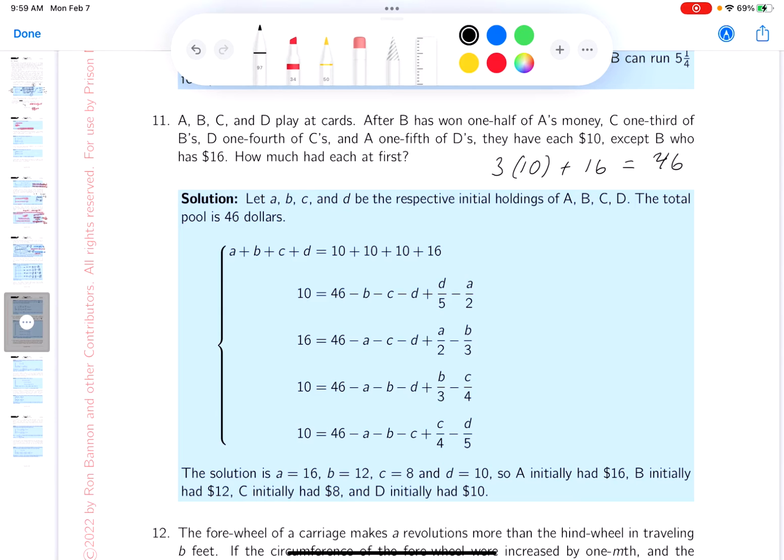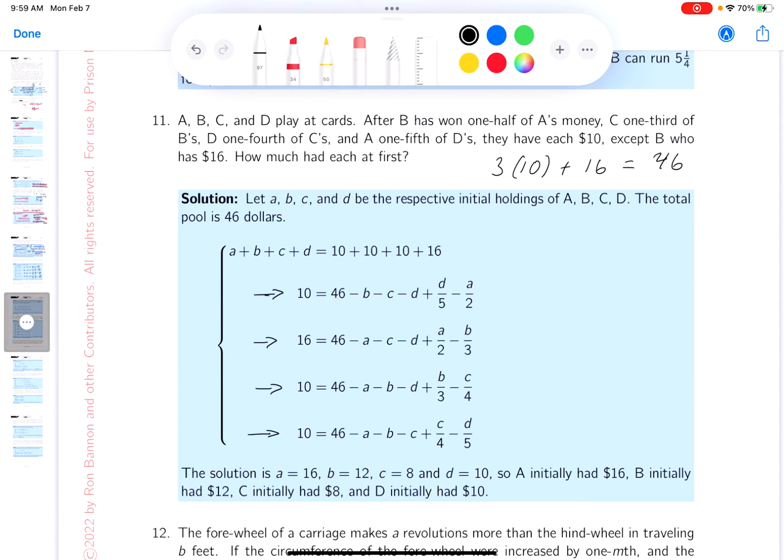All right, so I know there's $46 at the table, and now I have to talk about what each of the people has. Three of the people have $10, right? So I'm going to claim this over here. I see the $10 here, $10 here, $10 here, and somebody's got $16.